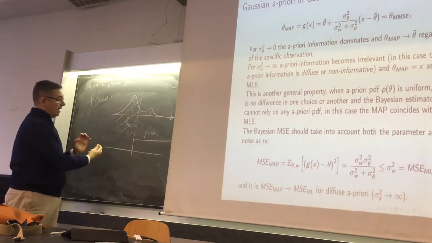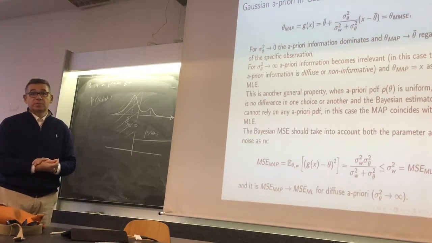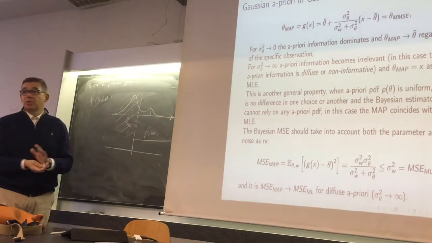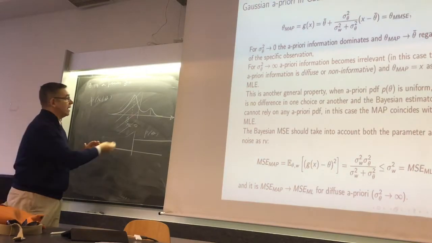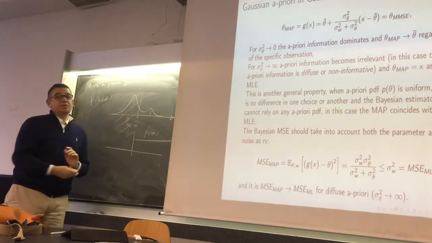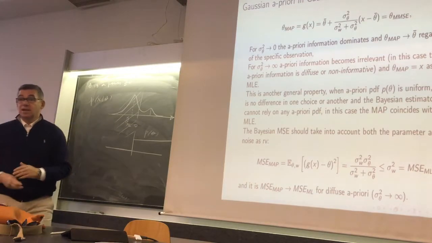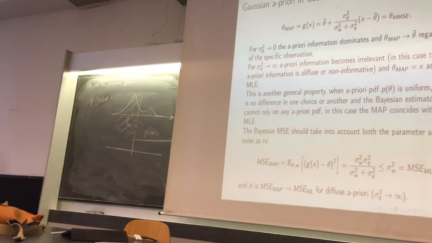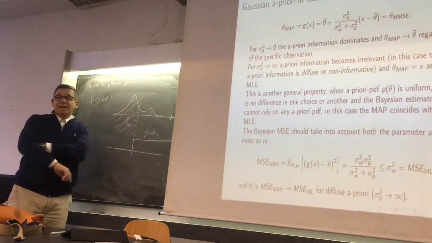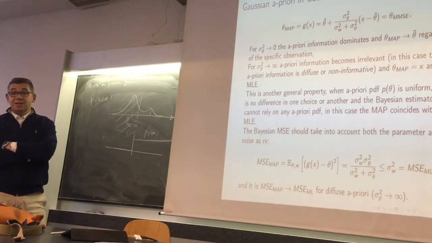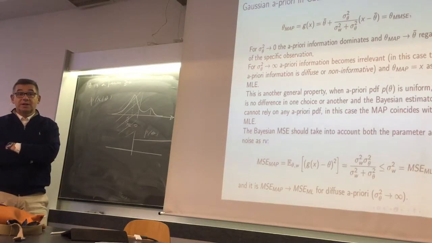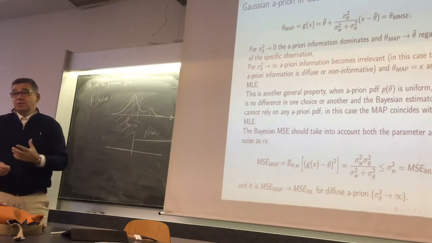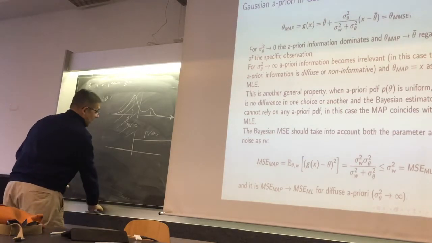But I'm cutting everything before 0. In this way, I'm using the a priori information. So cutting out the values lower than 0 means that I'm making the Bayesian estimation. That's what is implicitly happening.